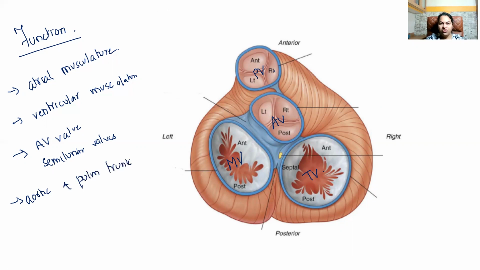So it forms a sort of framework to which the entire musculature and the valves are attached.